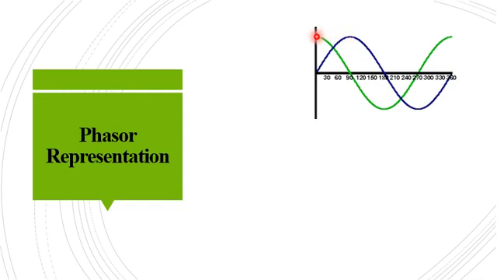First the green wave attains the peak value, then after 90 degree the blue wave attains the peak value. So we can say that the green wave leads the blue wave by 90 degree.